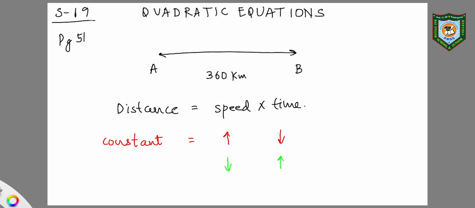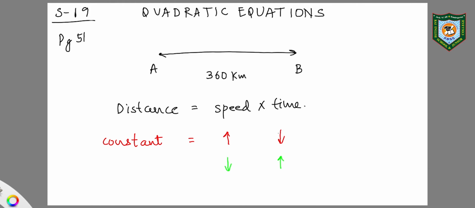Now here we have to define how we are going to solve our equation. So let's say that 360 is equal to speed into time. This is because 360 is the distance that is being traveled and distance is always speed into time.